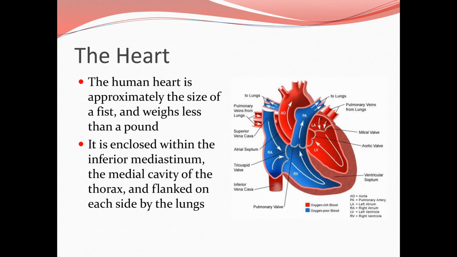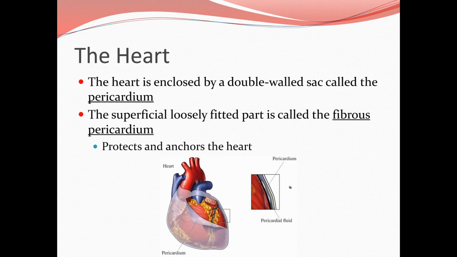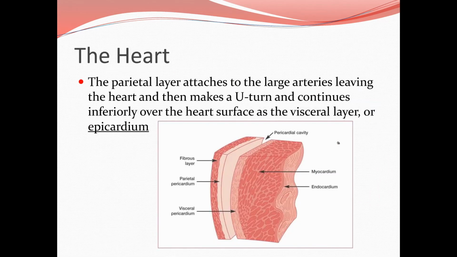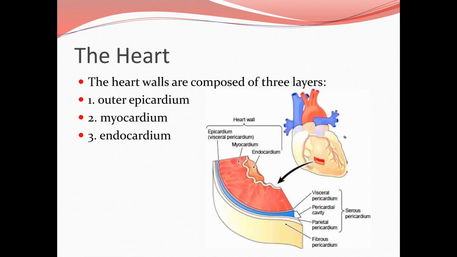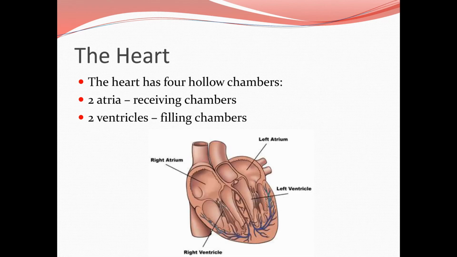We're not going to cover too much about all the different layers on the outside, like the pericardium, so we'll skip through these slides. They are linked down below, below the YouTube video.